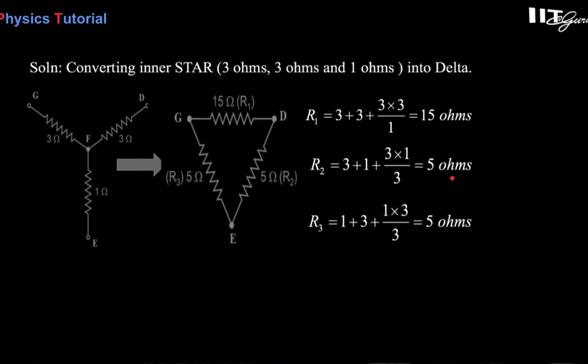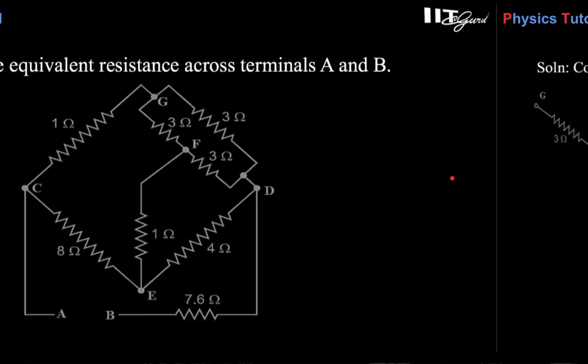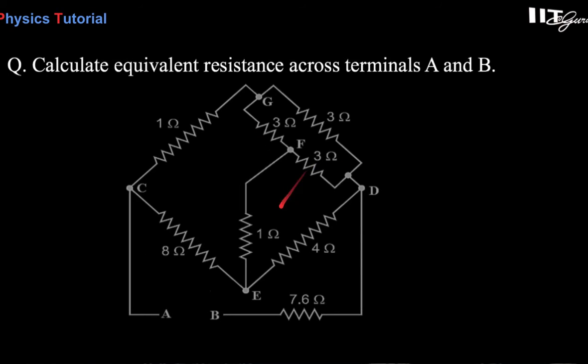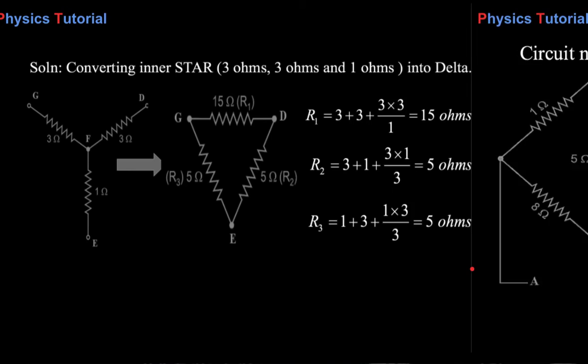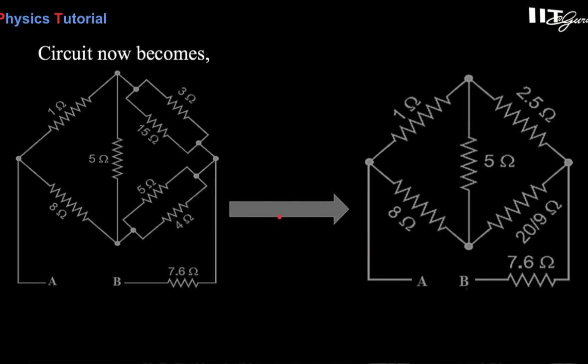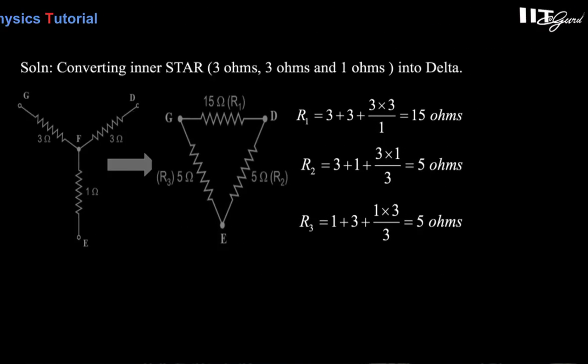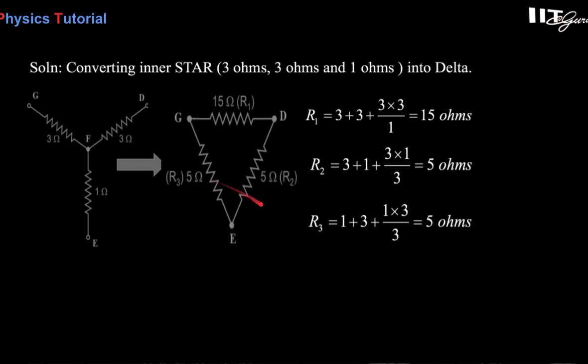And in this way, this star of 3, 3 and 1 converts into delta from this C, G, D and E point. Let's see how. So if this circuit converts in this way, now this becomes, look at the point here, that was 15, 5 and 5 ohm.